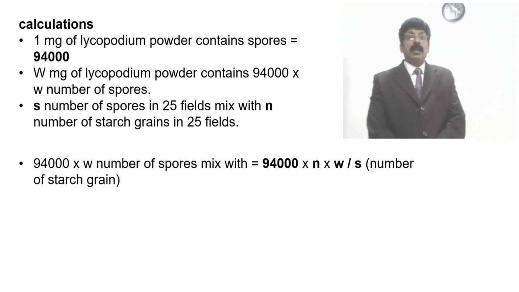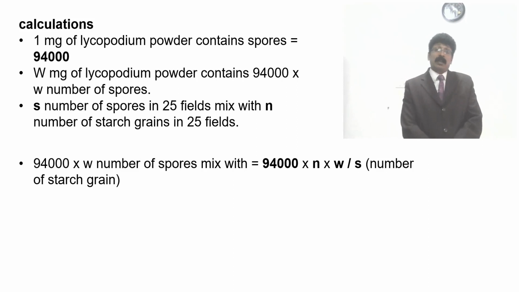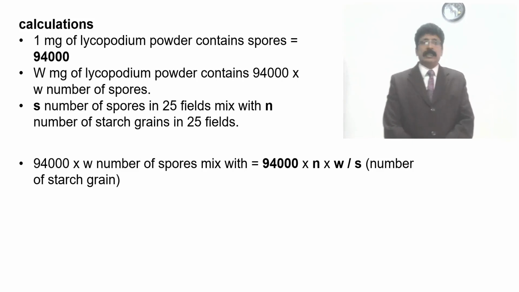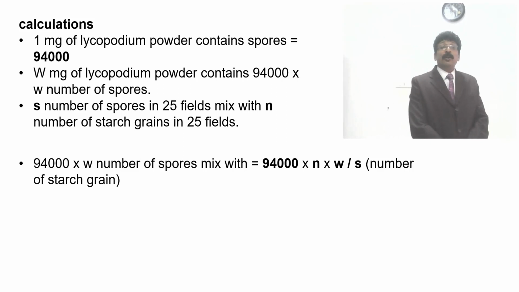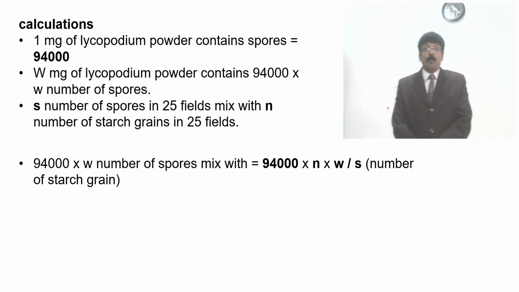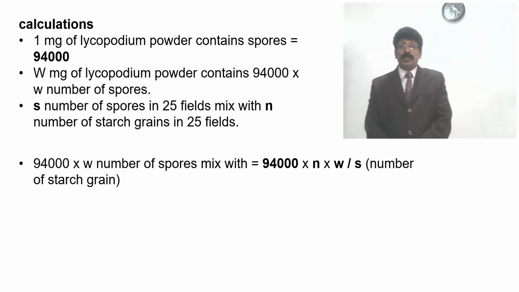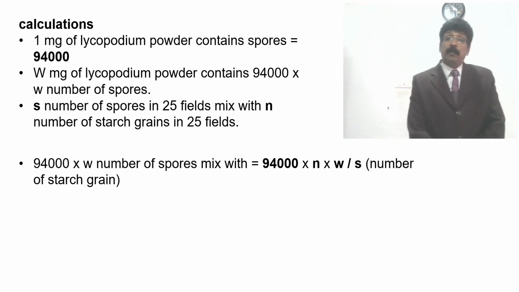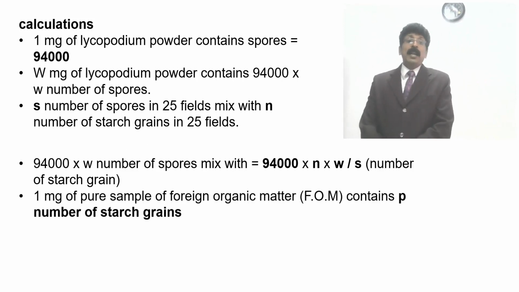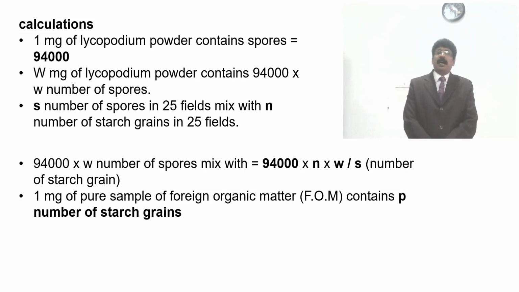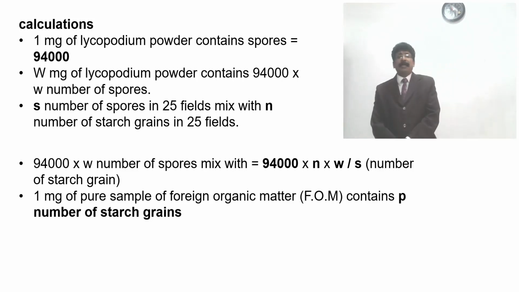Instead of writing organic material, I wrote directly starch grains because we are doing the experiment. And 94,000 into W spores is mixed with N starch grains, so 94,000 into N into W divided by S is the number of starch grains. So 1 milligram of pure sample of foreign matter contains P number of starch grains.